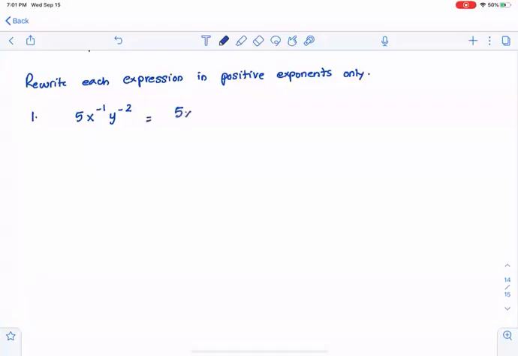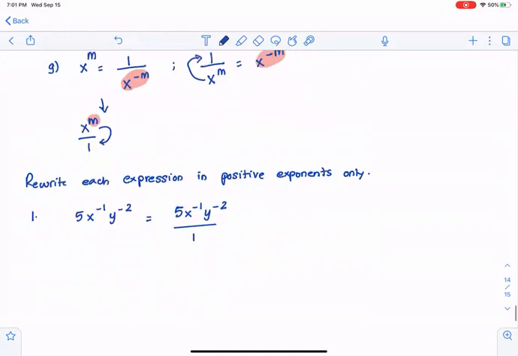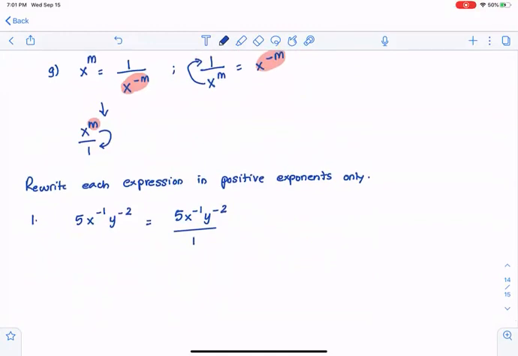So I could write it as 5 times x raised to negative 1, y raised to negative 2, divide the entire thing by 1. It is the same thing. Then we could use rule G. At the beginning, when you're learning, it's best to do it one term at a time. Once you have enough practice, you can do this simultaneously.